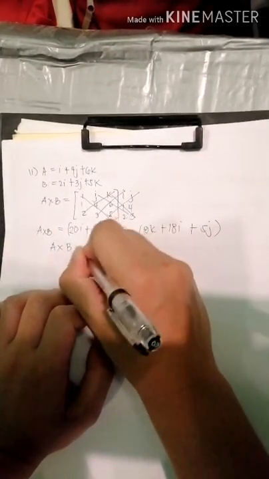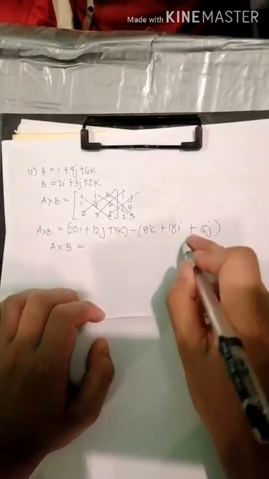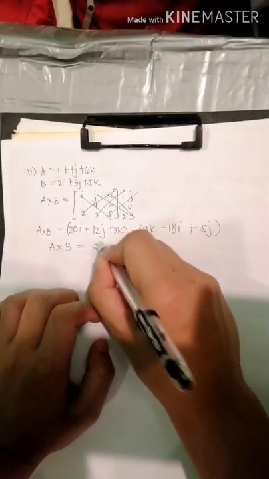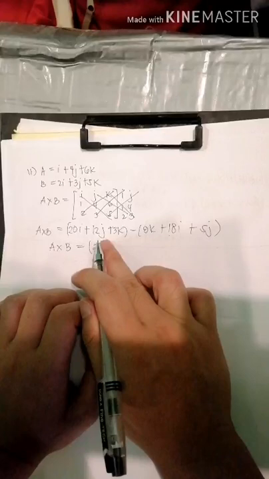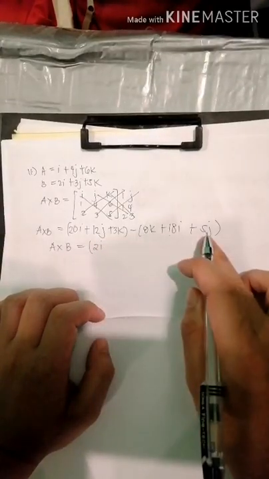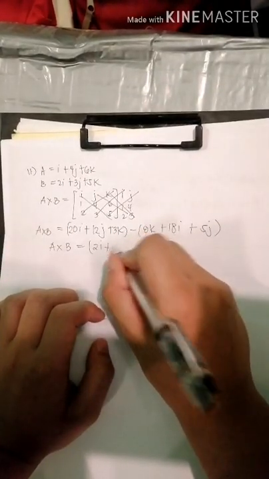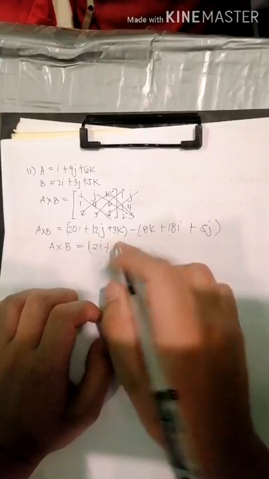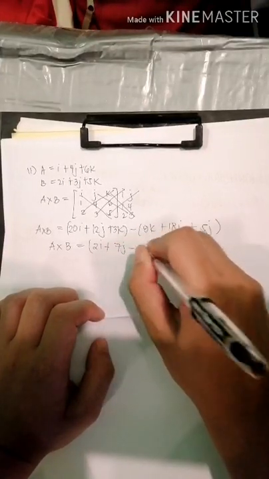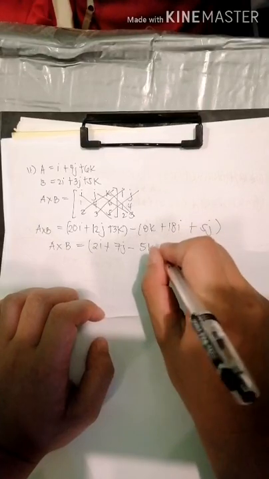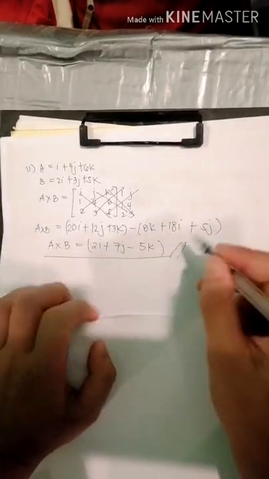So when we subtract, 20i minus 18i is 2i, 12j minus 5j is 7j, and 3k minus 8k is minus 5k. So that is the answer.